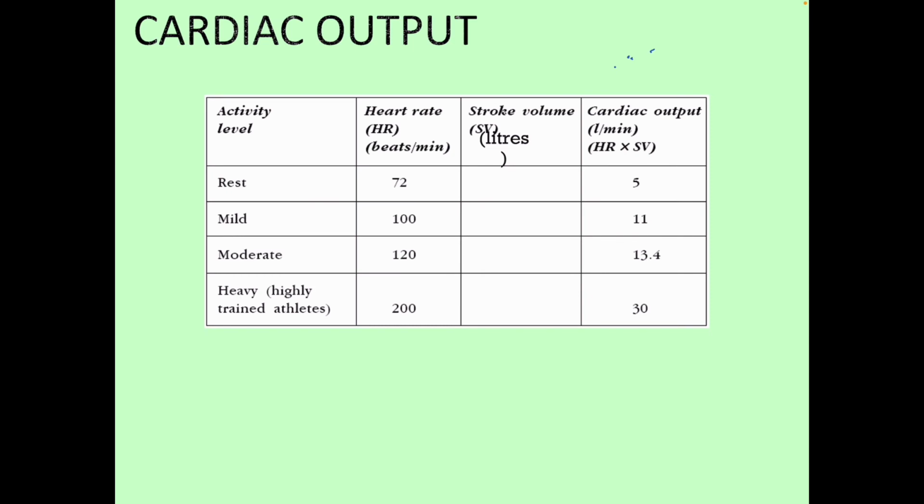This time, we're going to work out the stroke volume. So I'm going to do the little triangle up in the corner here. Cardiac output is heart rate times stroke volume. So the stroke volume is cardiac output divided by heart rate.